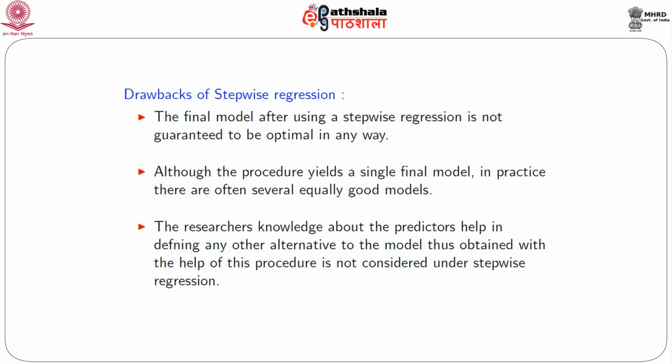Although the procedure yields a single final model, in practice there are often several equally good models. The researchers' knowledge about the predictors also helps in defining any other alternative to the model that we had obtained using stepwise regression and is not considered under stepwise regression.